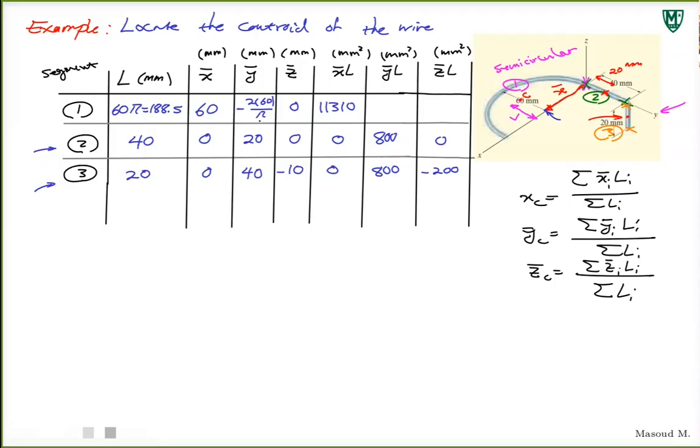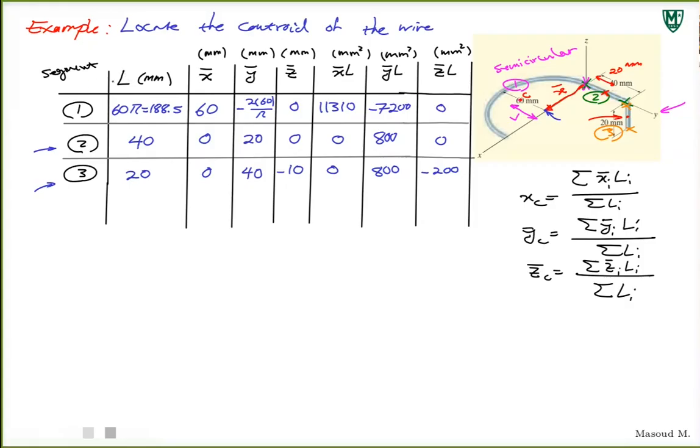Y bar times L: Y bar is minus 2 times 60, minus 120 over pi, times 60 pi. So 60 pi cancels out by pi, and it becomes minus 7200. And Z is 0, so Z bar L also becomes 0.